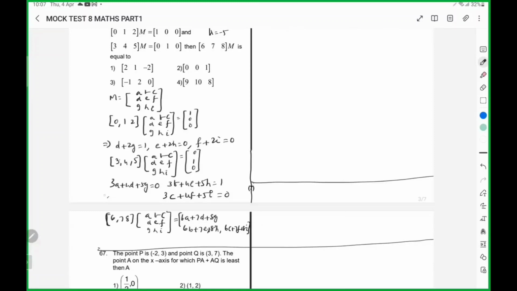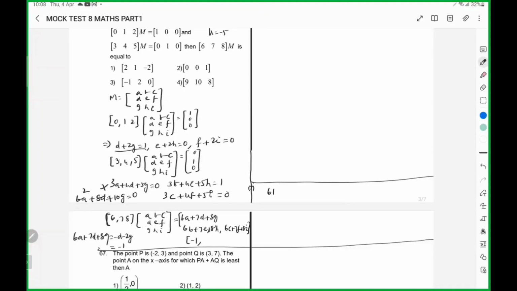From here, if you multiply it by 2, 6A plus 8D plus 10G is 0. So 6A plus 7D plus 8G is minus D minus 2G, which is minus 1.